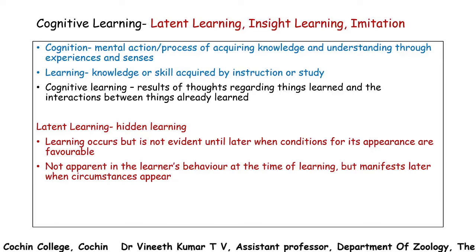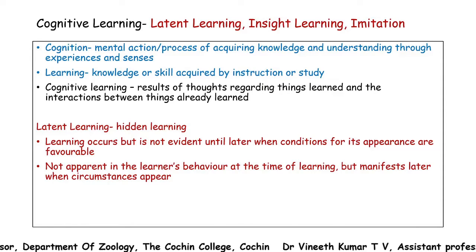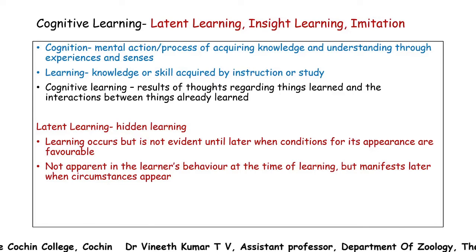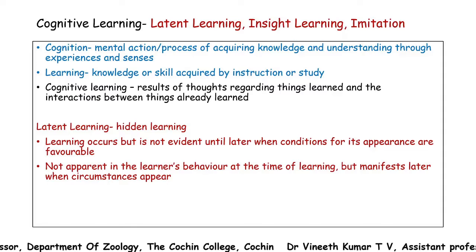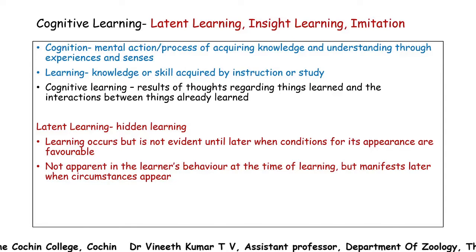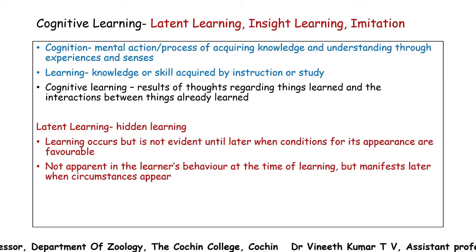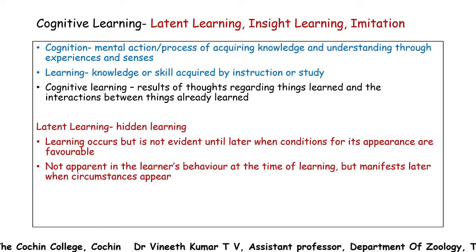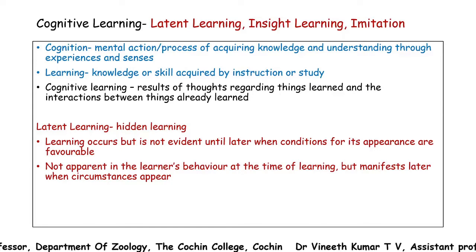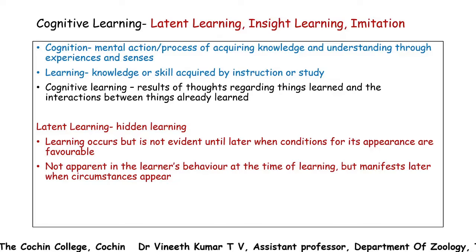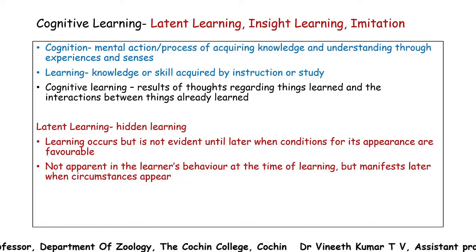No. On the second day or in the subsequent days of coming to the college, you have already learned the path, already learned the route. That was unknowingly. You were not trying to learn something, you were just searching for your class. But that searching during the first time led you to learn that particular route.